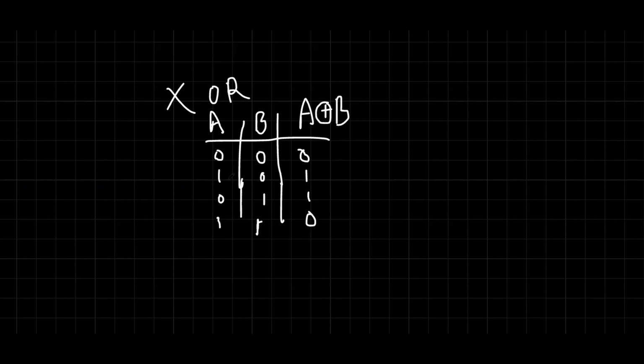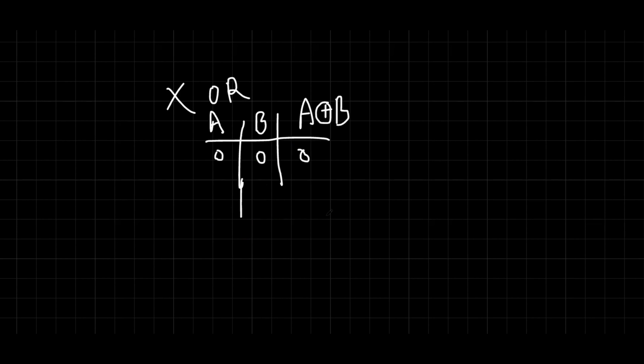That means the property of XOR is that if both of the bits of A and B are equal, then the output bit is definitely 0. That means here two of the bits are 0, so output is 0. And here two of the bits are 1, so output will be 0 again. This concept will be useful in the next section.